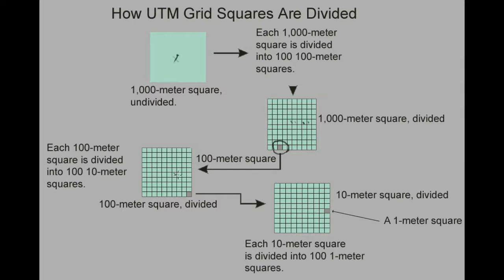Each of these little squares is 10 meters by 10 meters. Then each of these 10 meter squares is divided into 100 1 meter squares. Each of these little squares is 1 square meter, and that is the smallest unit in the UTM grid.